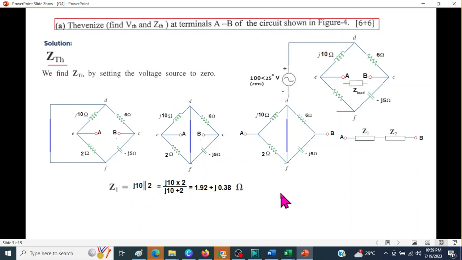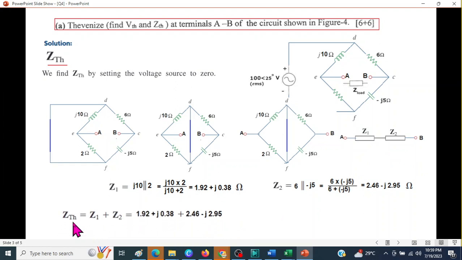Solving, we get this value. And similarly Z2, these two in parallel. Solving, we get the second value. So the total impedance, that is Z Thevenin, is Z1 plus Z2. Adding these two values, the answer is 4.38 minus j2.57. So Z Thevenin we have found.